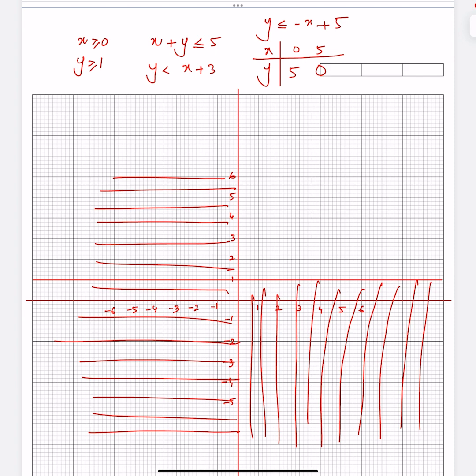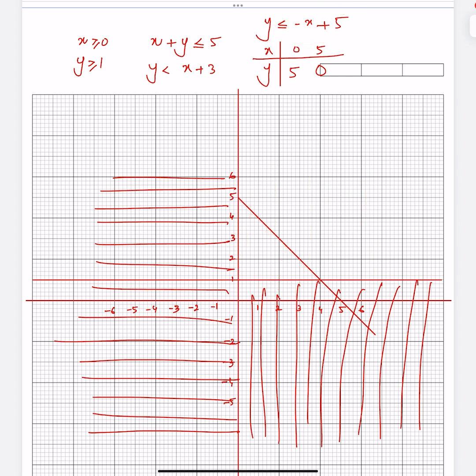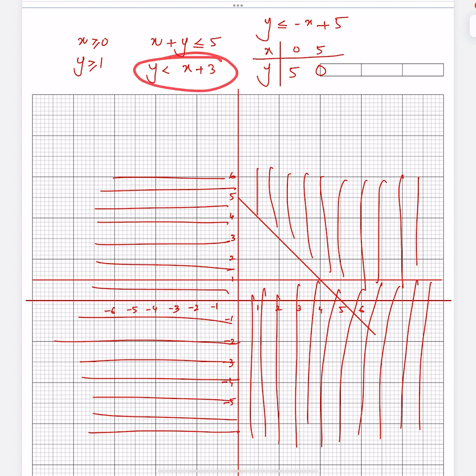First point is x is 0 and y is 5, and second is x is 5, y is 0. I draw a solid line because this is equality, so the lower region is the required region, so I will shade its complementary portion, which is the upper side.